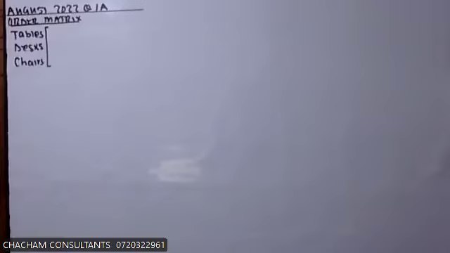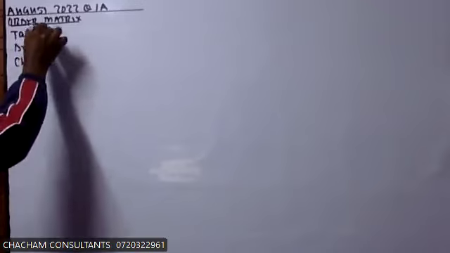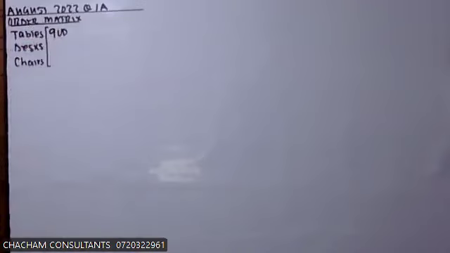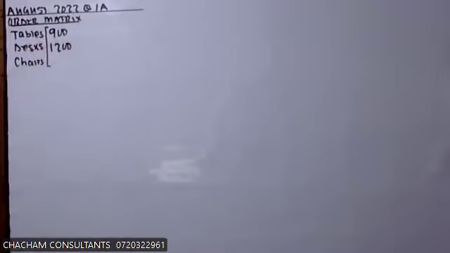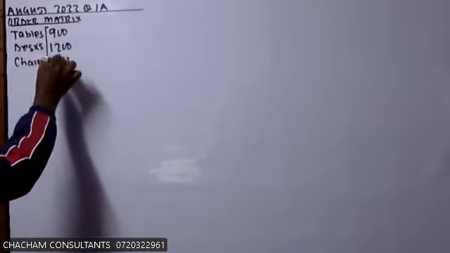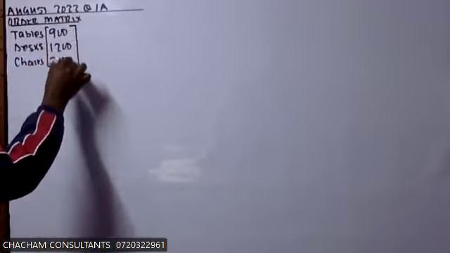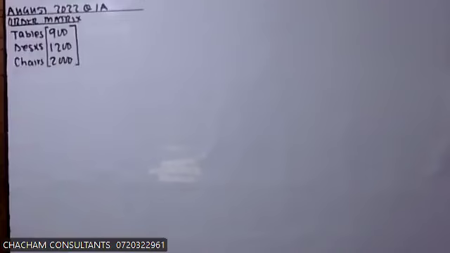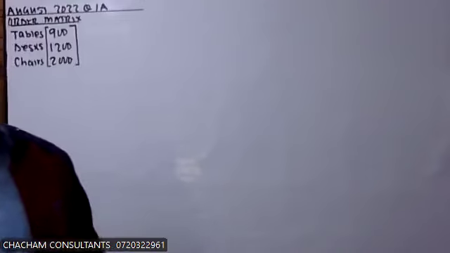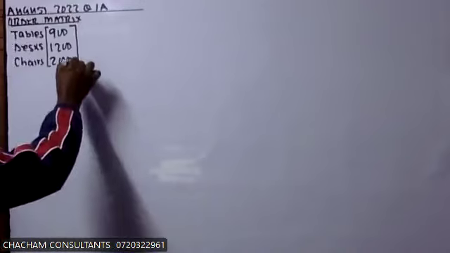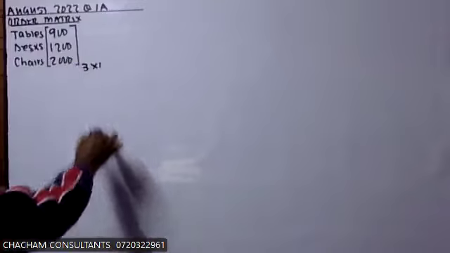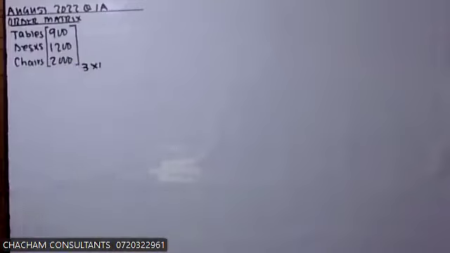So they have been given the order to do 900 tables, 1,200 desks, and 2,000 chairs. So this one is a 3x1 matrix. It has 3 rows and 1 column.